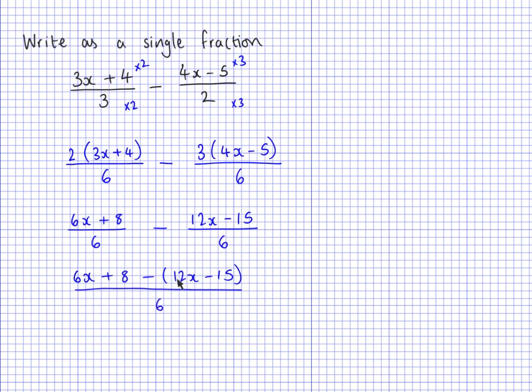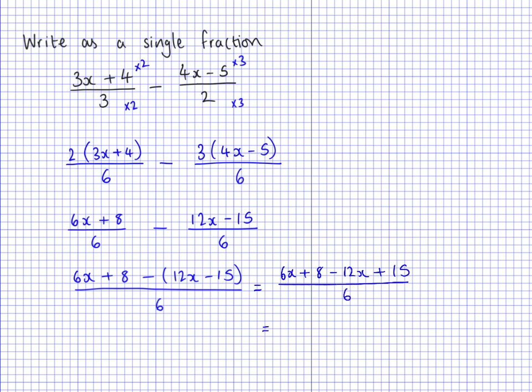So now I need to take away the 12x, that will give me negative 12x. I need to take away the negative 15, that will give me positive 15. So this will then be 6x plus 8, take away 12x, plus 15 over 6.